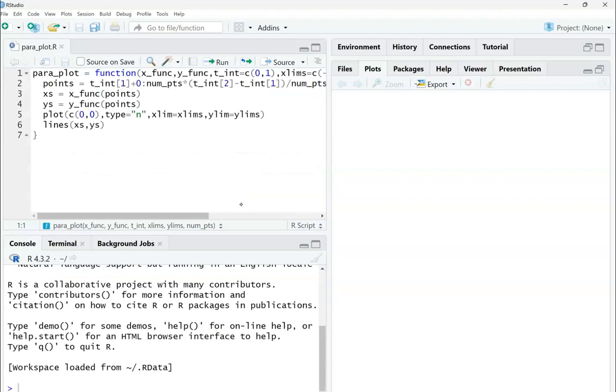This piece of code right here, this line, the one that says plot, remember that opens up a blank plot window, and then the lines command draws in the actual parametric part. You want to delete this plot line out, because you're going to want to put in each little piece of your spline in between the points. If you leave that plot command in there, it's going to erase everything every single time.